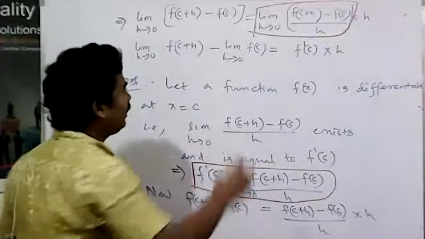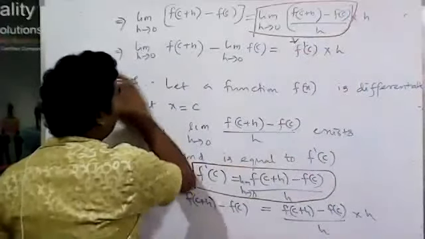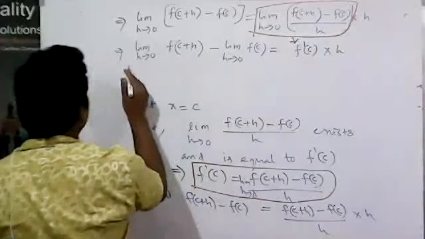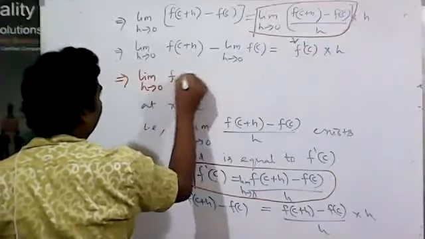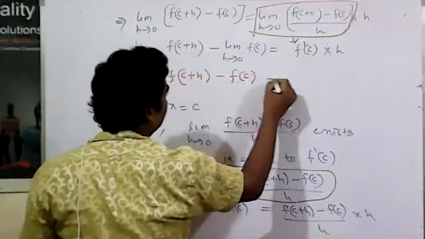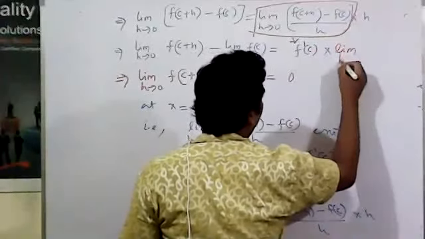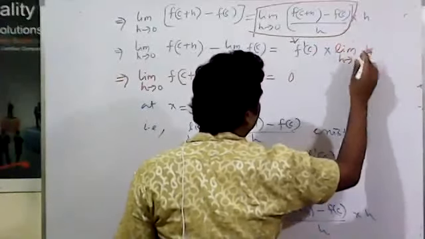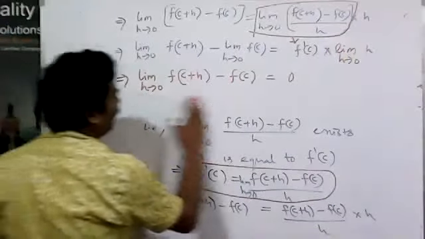So that's why this value comes to f dash c into h. So now the limit h tends to 0 of f(c plus h) minus f(c) is equal to 0. Why is it 0? If h tends to 0, that value comes 0 here.